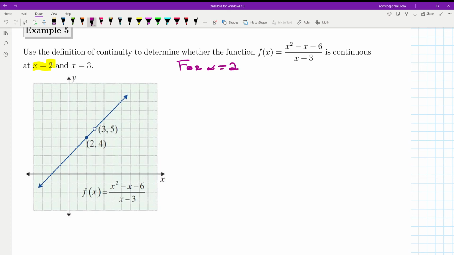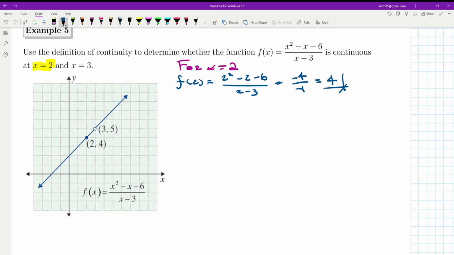Number one, let's evaluate f of 2. So that's 2 squared minus 2 minus 6 over 2 minus 3. In this case, we're going to get 2 squared, which is 4, minus 2, which is 2, minus 6, which is negative 4 in the numerator, and negative 1 in the denominator, and the function is defined.